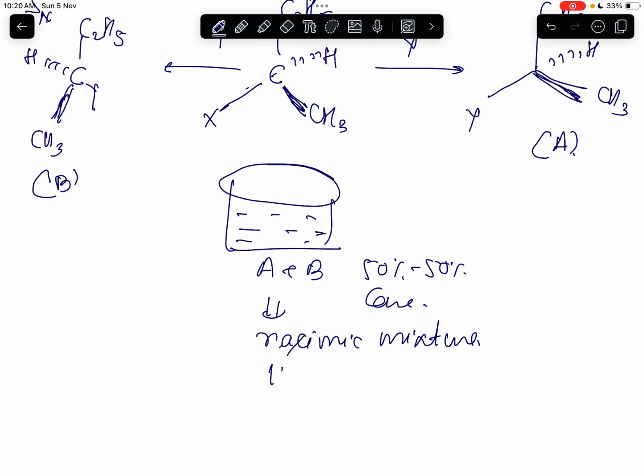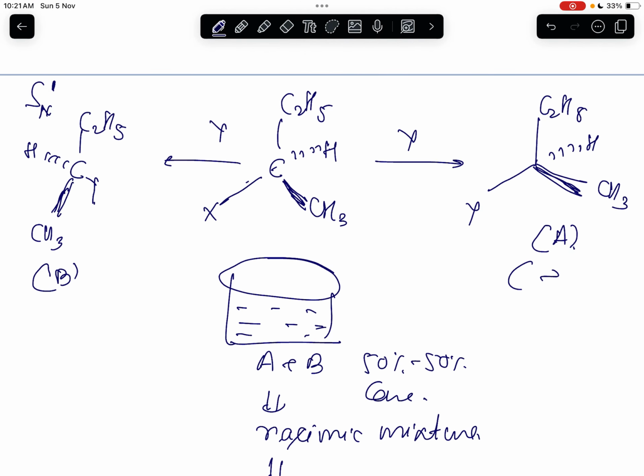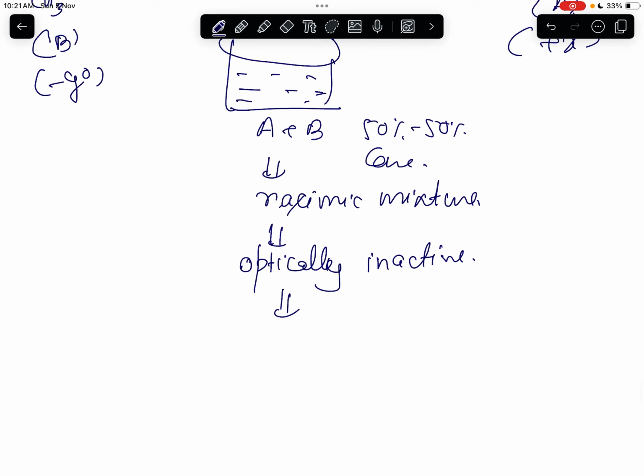So this is an optically inactive sample, because the plus x degree and the minus x degree will cancel each other out in the sample when we pass plane polarized light through the sample.